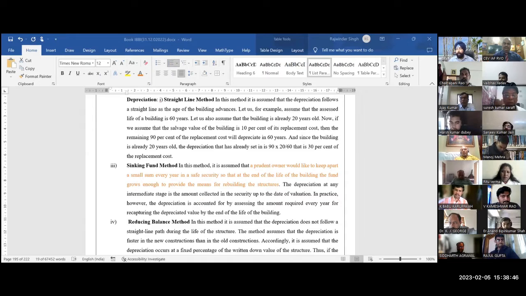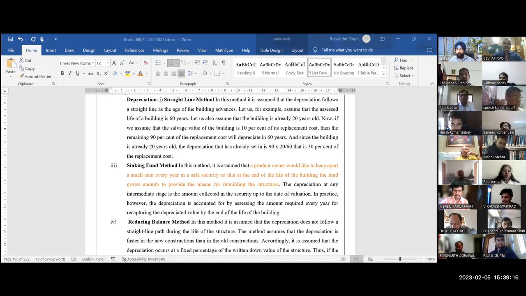After n years, you will accumulate this much amount as sinking fund. And our depreciation is equal to the amount of sinking fund deposited up to the time when we are calculating. That is what the sinking fund depreciation definition says.